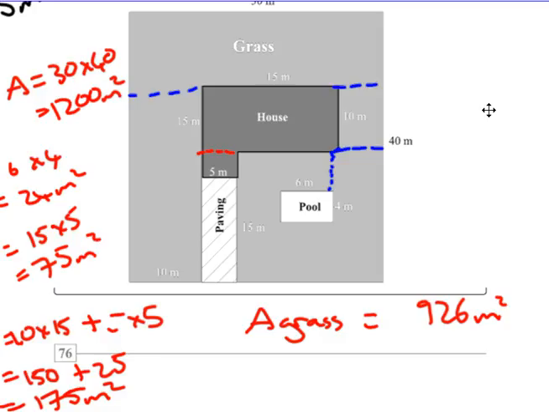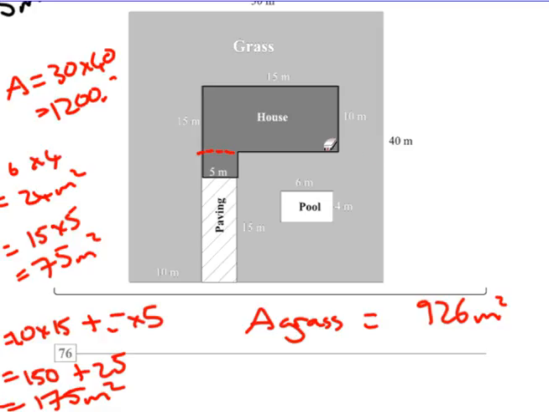Working out the area of 4 shapes and taking it away from my big area is a lot quicker than working out what I would see as 8 shapes that I would probably break this grass area into and add them all together. For me, the way we've done it is the quickest, but I wanted to show you where the options are.